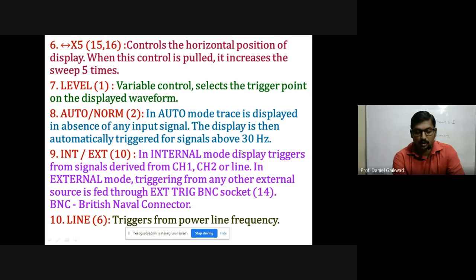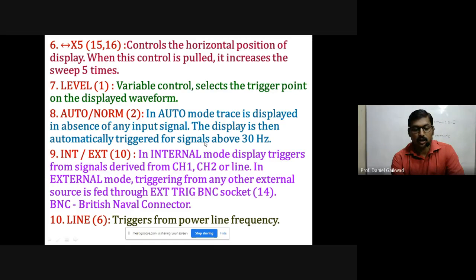So here the trigger will be taken or derived from those. Trigger means horizontal deflection, and the trigger will be useful for horizontal deflection. That trigger will be taken from either channel 1, channel 2 or line.